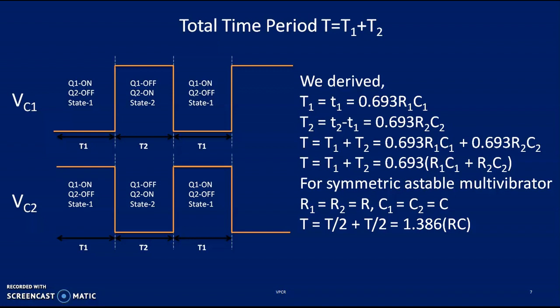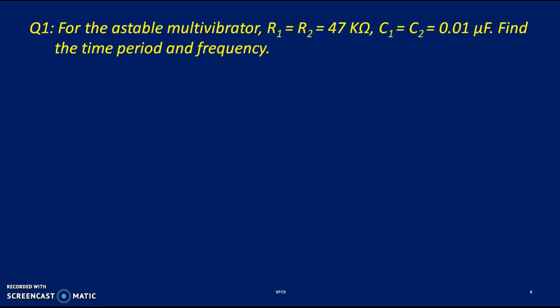When these two are the same, each one is equal to the total time period by 2, and the total is given by 1.386 into RC. So now let us enter into problem number 1. For the astable multivibrator, R1 equal to R2 equal to 47 kilo ohm, C1 equal to C2 equal to 0.01 microfarad. Then find the time period and frequency.